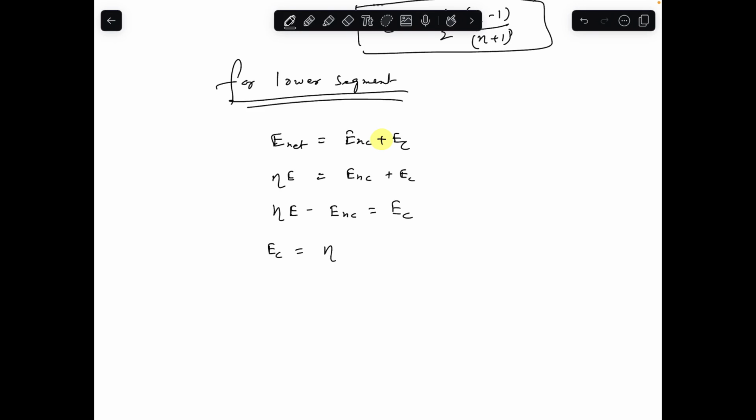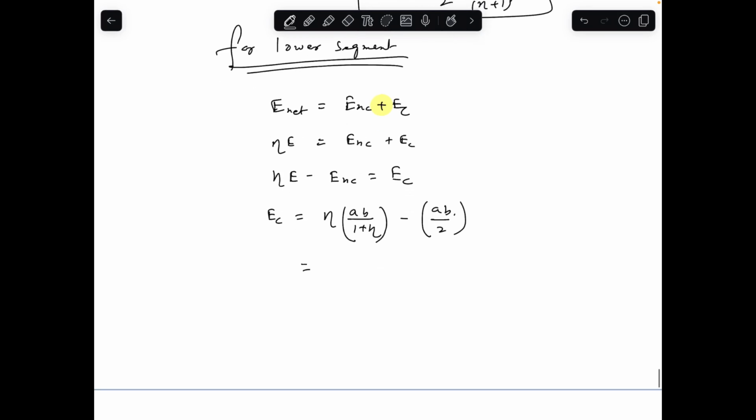EC is eta times E, where E is AB by (1 plus eta), minus AB by 2. Okay.